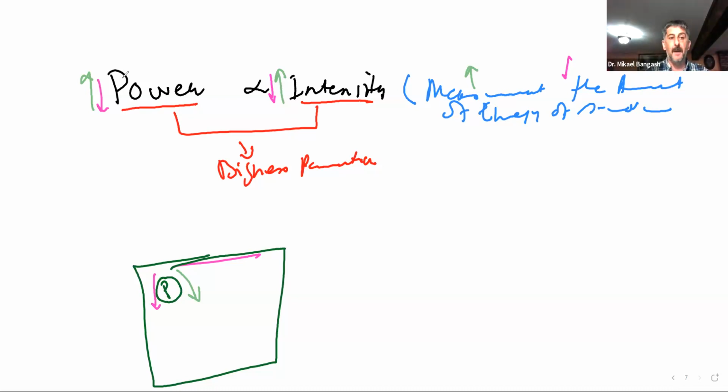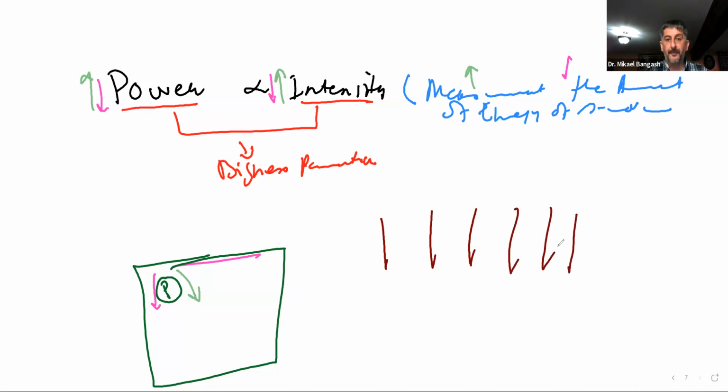So as power is increased or decreased, the intensity is going to increase and decrease. And power and intensity suffer the same fate as they propagate through tissues.